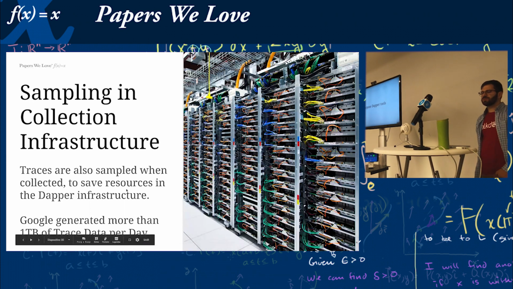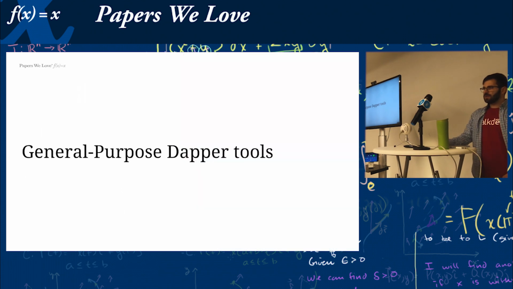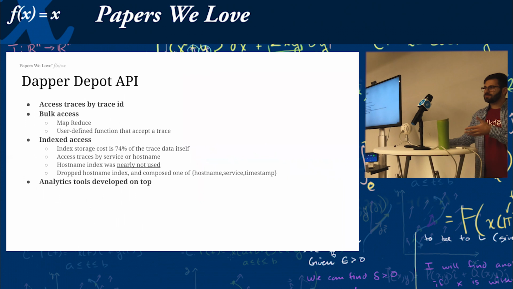So, talking about Dapper tools. One thing the Dapper team concluded is that, okay, Dapper is cool, you can trace requests, it's low overhead, but we need to bring more value. So they developed an API with which you can search traces by trace ID. You can also perform map reduce with bulk access.